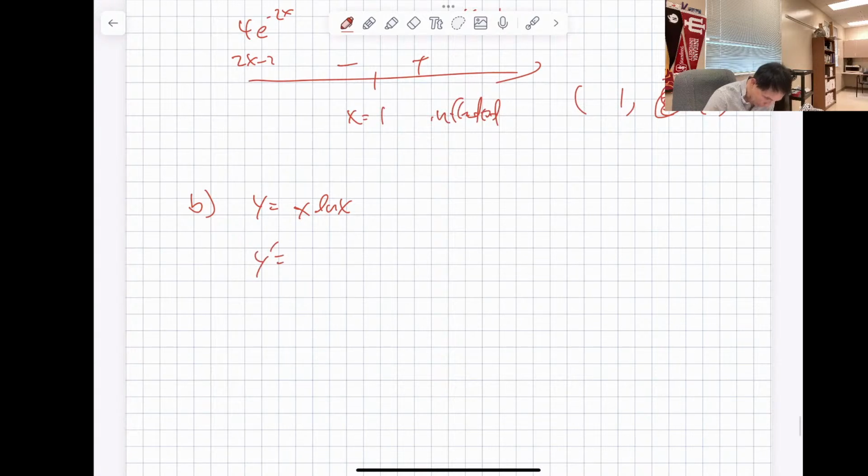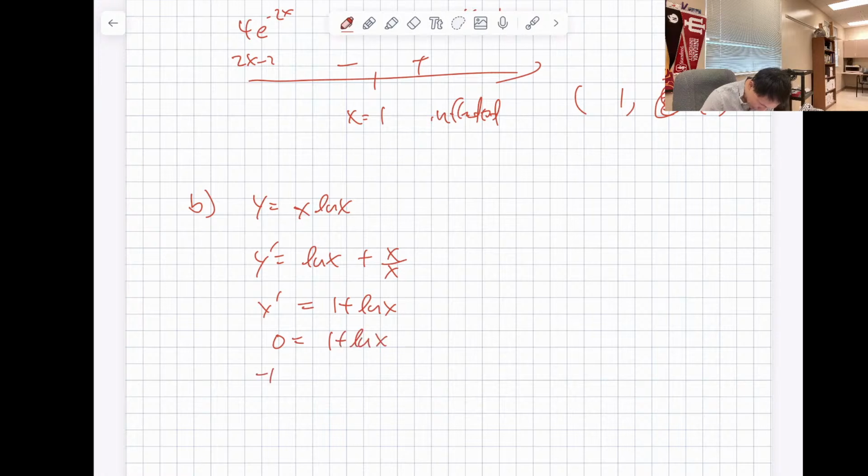So y prime, and this is on your homework, is ln of x plus x over x. So that's equal to 1 plus ln of x. That should give you 1 check mark. If you set it equal to 0, 1 plus ln of x equals 0, so negative 1 equals ln of x, x equals e to the negative 1, 1 over e.